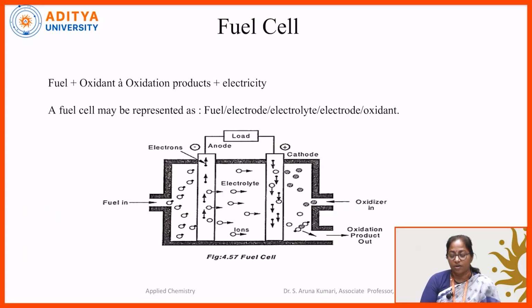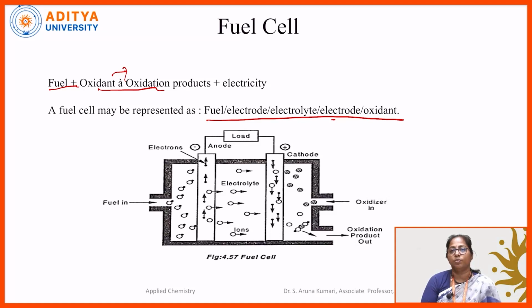Here we have a fuel cell represented as fuel plus oxidant giving oxidation products and electricity. A fuel cell in general is represented with the fuel supplied at one electrode, an electrolyte in between the two electrodes, and on the other side the other electrode where the oxidant is supplied.